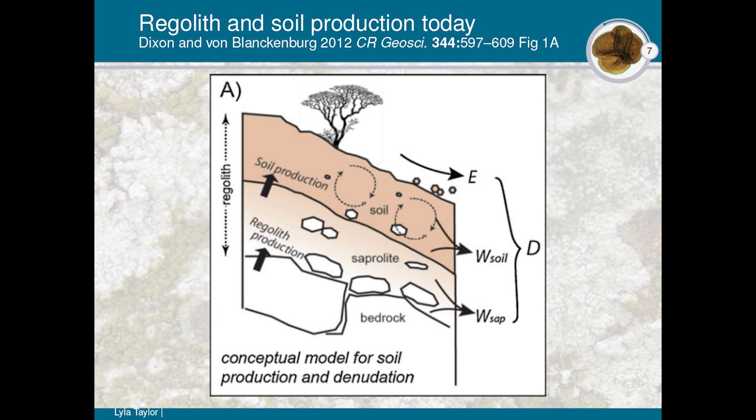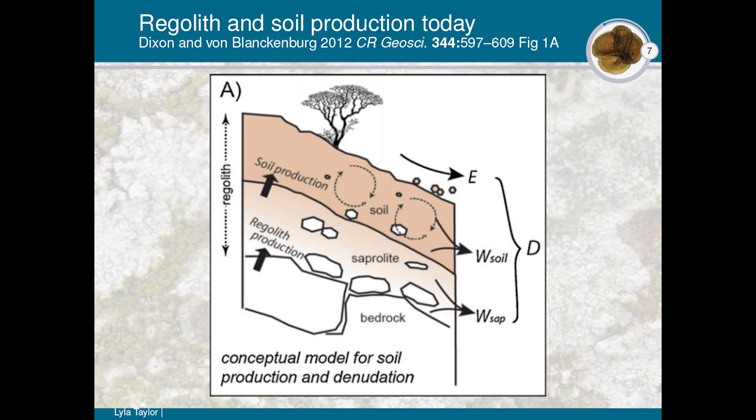And so where are the weathering fluxes coming from then? Denudation is basically both the physical removal of material via erosion plus the chemical removal of material within the regolith, which comprises the soil and the underlying bits and pieces, which I'm about to describe to you.